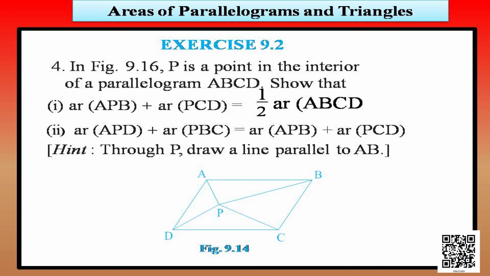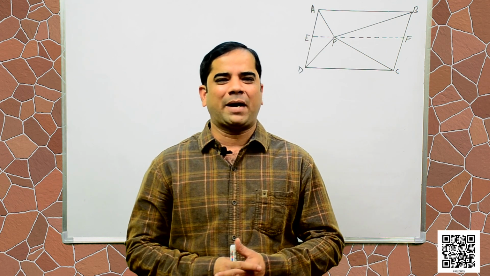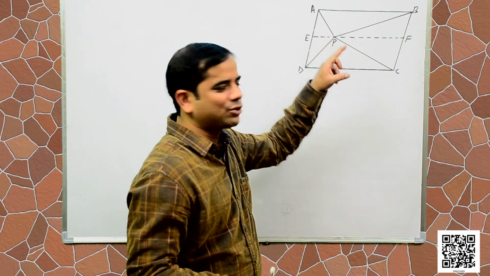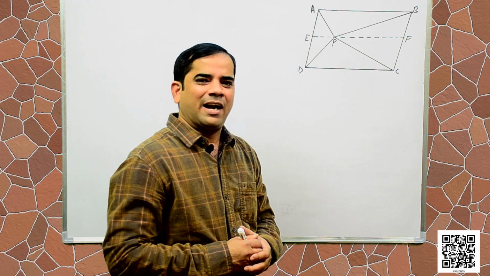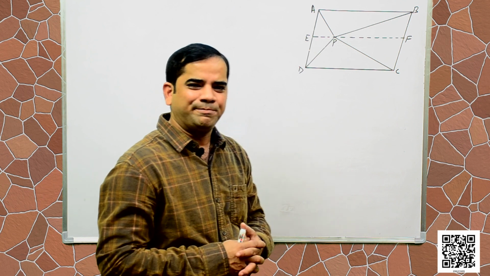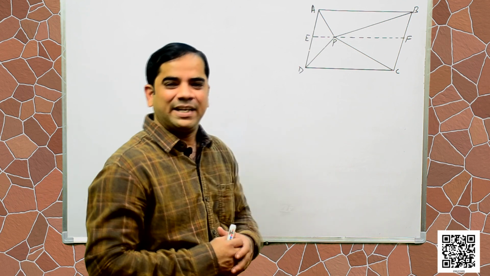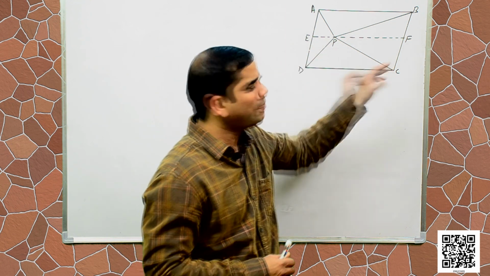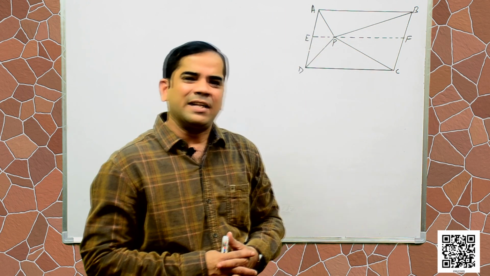So students, in parallelogram ABCD, AB is parallel to EF by construction. ABCD is a parallelogram, so AD is parallel to BC, isn't it? Why? Because opposite sides of the parallelogram are parallel.